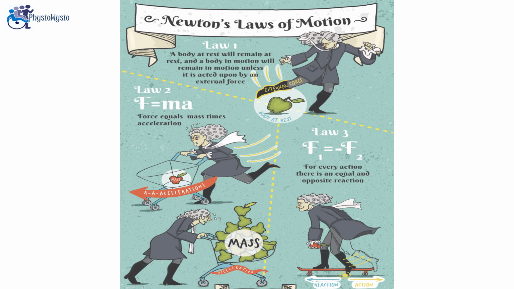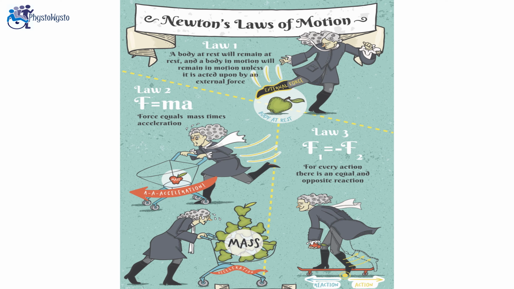Newton's second law is also known as the law of force, and it states that the acceleration of an object depends upon the net force acting upon the object and the mass of the object. Okay, now the question is, why is this so? The answer is that the mass of each ball is different.